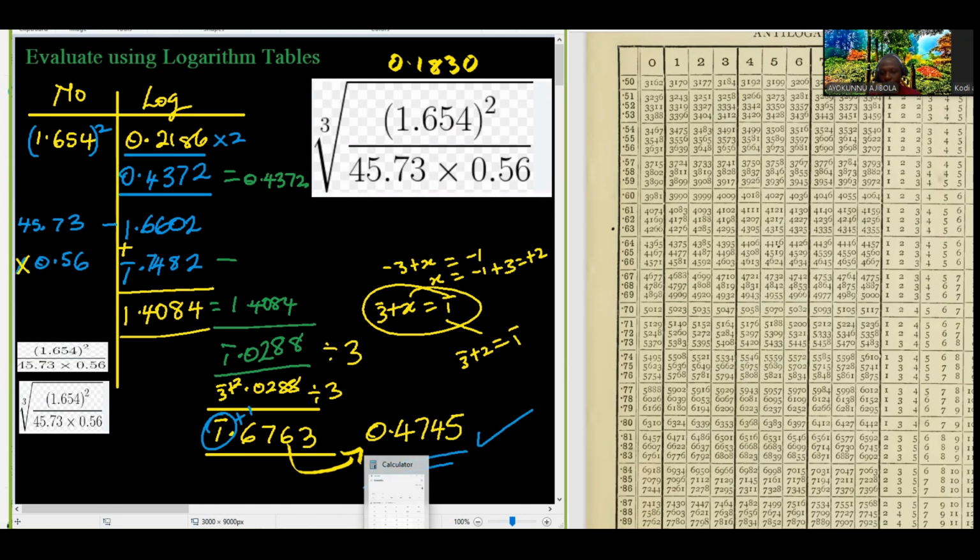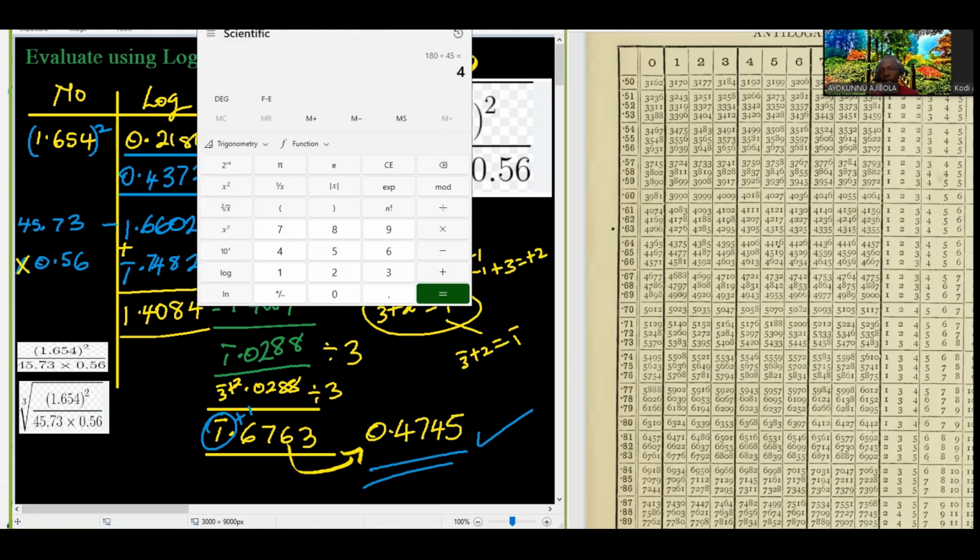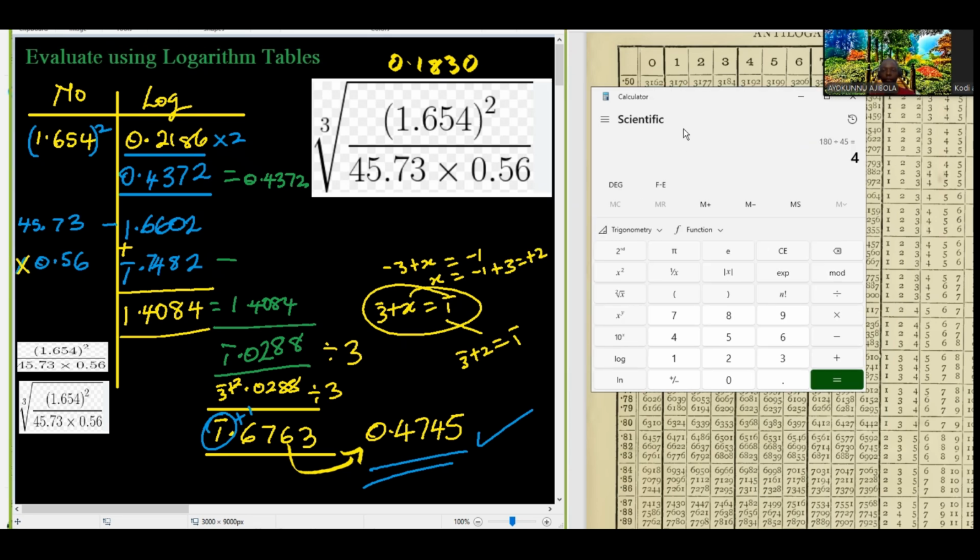Now let us try to verify this claim. Can you see the calculator? Yes, sir. Okay. The first thing that we have is 1.654 all squared. This gives me 2.735716.